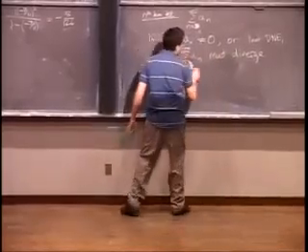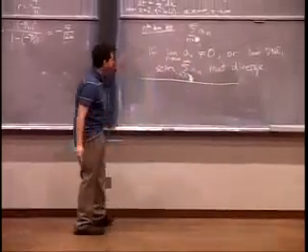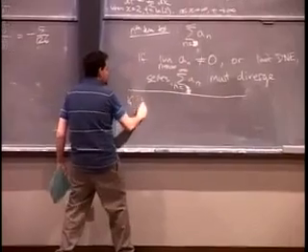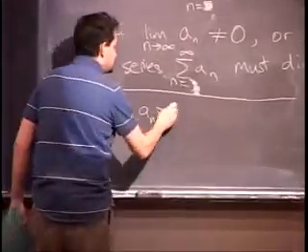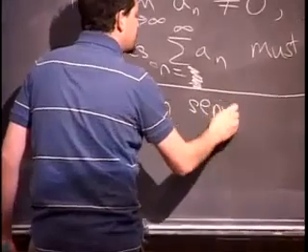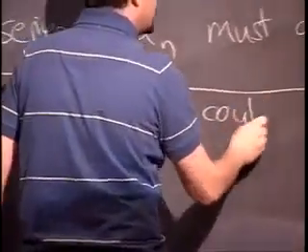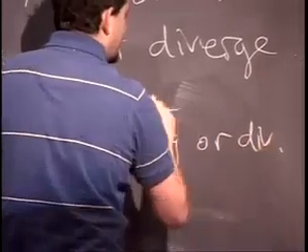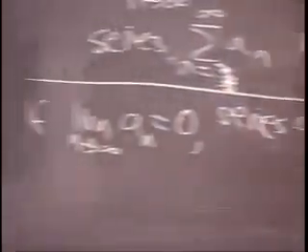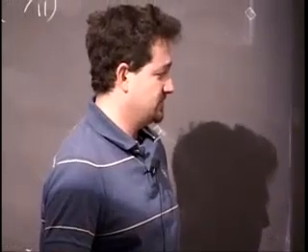So just to formalize that, not part of the test, but a comment: if the limit is 0, that's when things are interesting. The series could converge or diverge, and that's where it starts getting interesting, where you really have to do some work to see what happens.